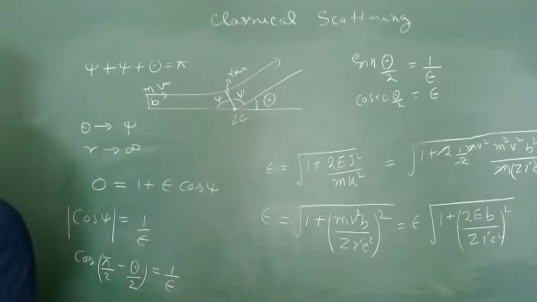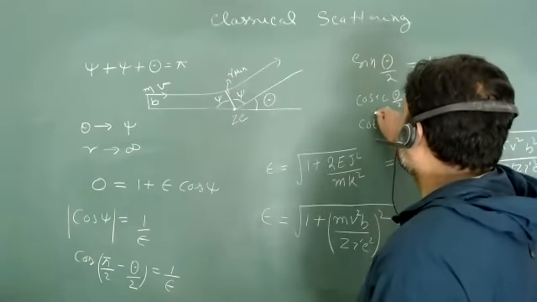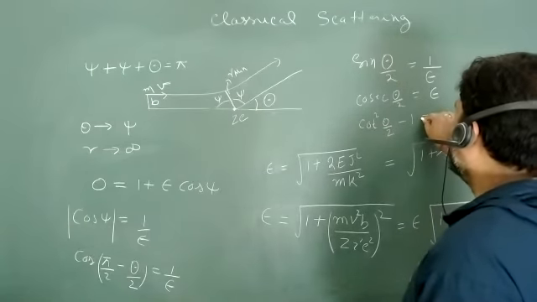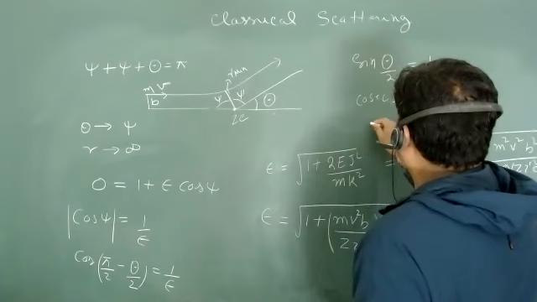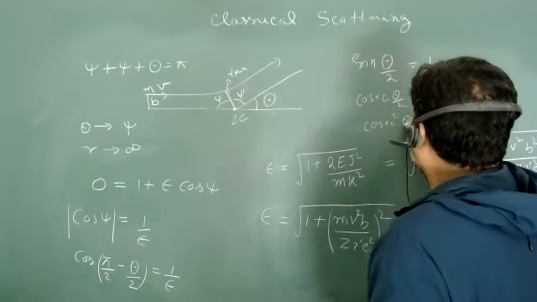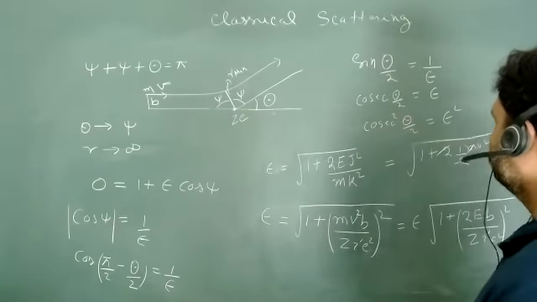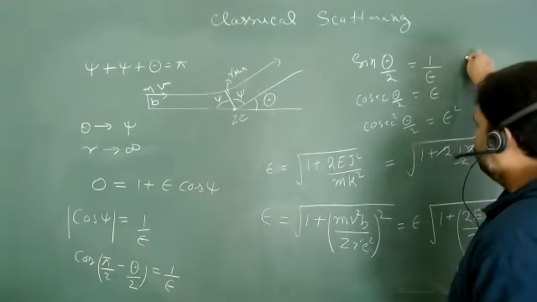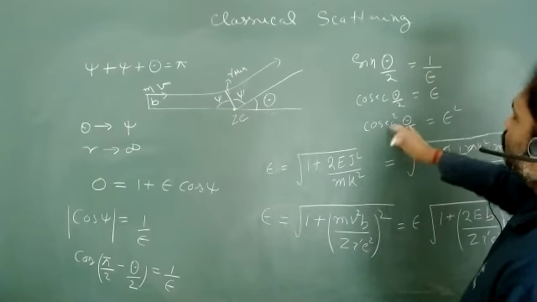And you can also write the value of cosec in terms of cot. Can you write that? Yes, sir. How can you write it? What is the relationship between cosec and cot? 1 plus cot square theta is equal to cosec square theta. So cosec square theta by 2 is equal to epsilon square, and we can write it in the form of cot square theta by 2.